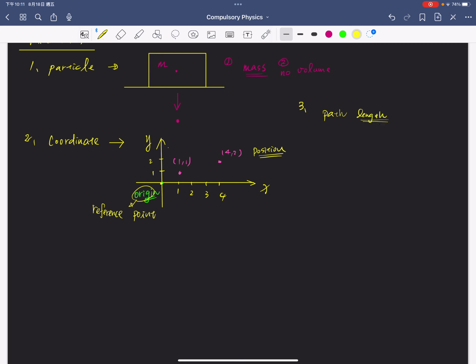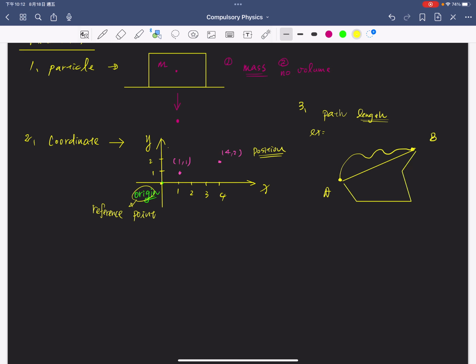Take, for example, if you start from this point, we call it A, and you go to this point, we call it B. You can have different ways to get from A to B, maybe this curve like this one, or maybe just going straight, or maybe more complicated like this one.